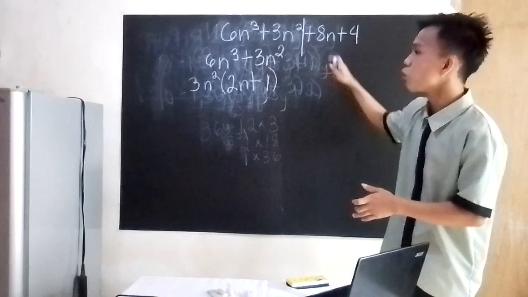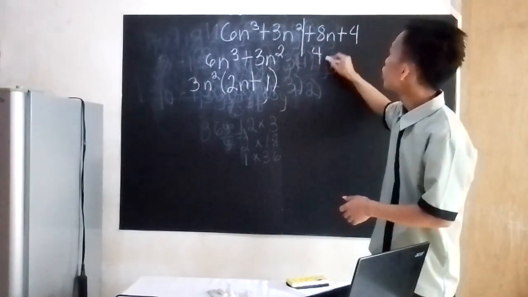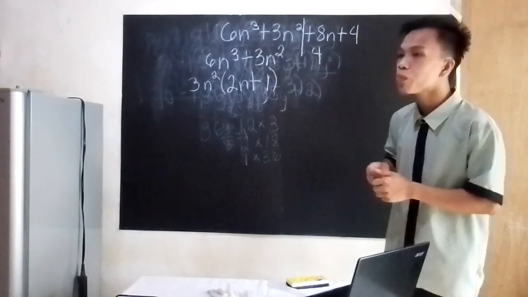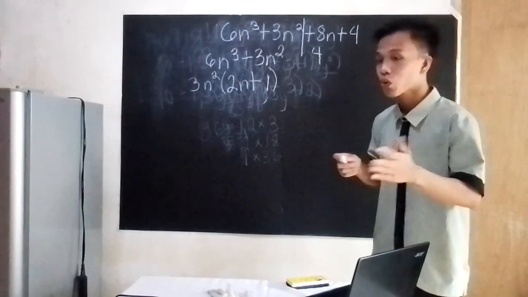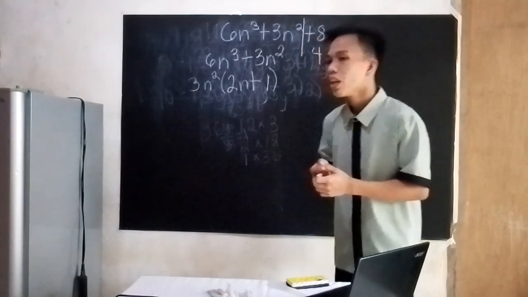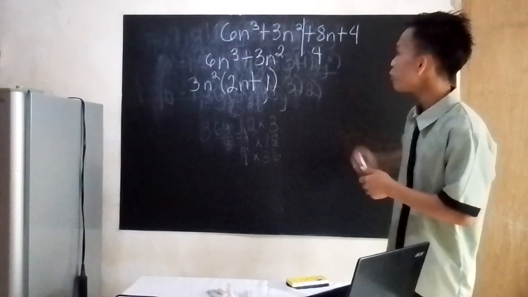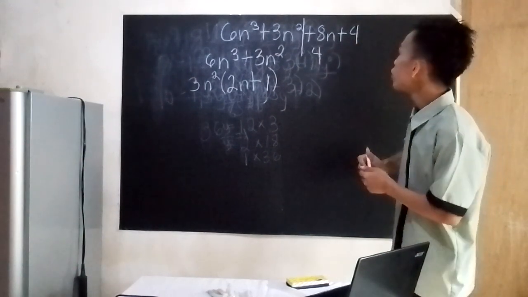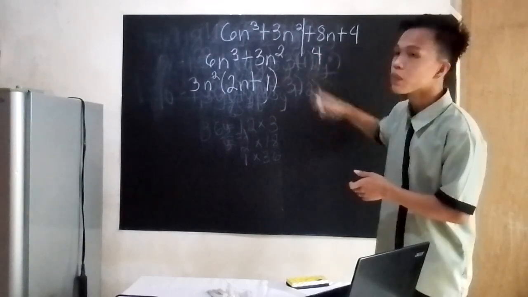That's right, they are both divisible by 4. Shall we put n in here, or a variable? Some say yes and some say no. But as a matter of fact, we are not going to put n in here because 4 doesn't have a variable. So our greatest common factor for 8n plus 4 is 4.